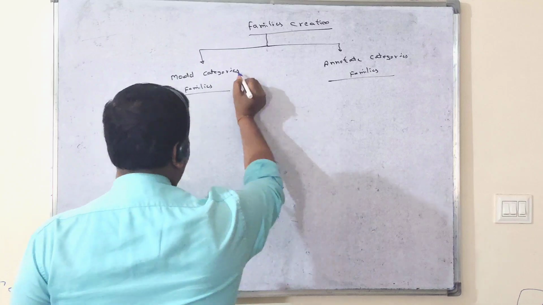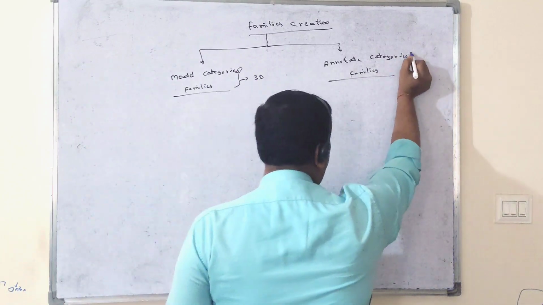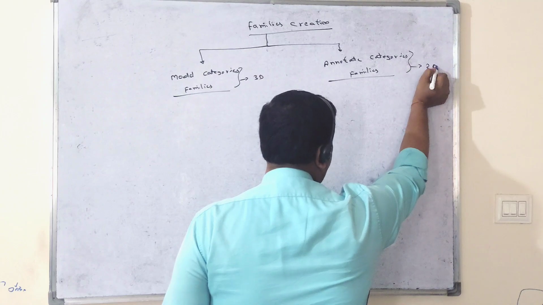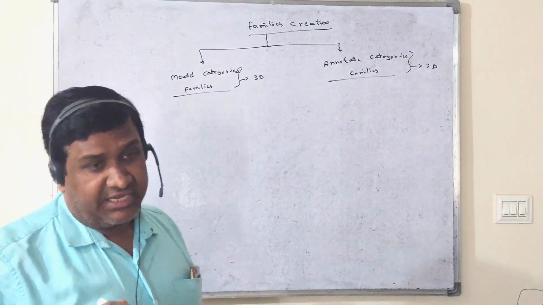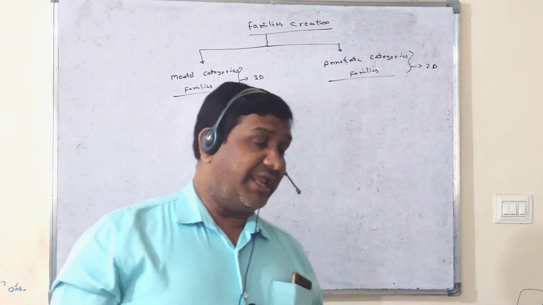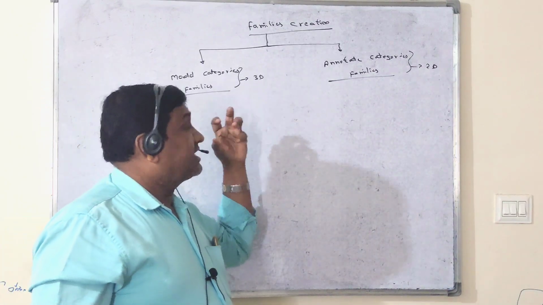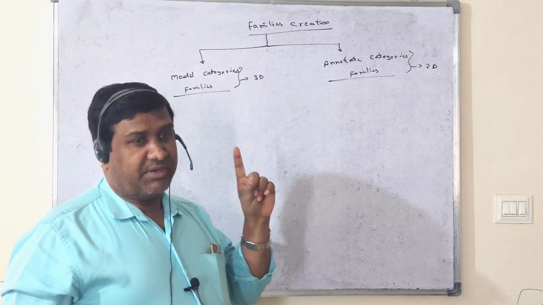So this model categories we call 3D, and this annotate categories we call 2D. In family creation, we can create 2D families and 3D families. So there are two ways of creation, model categories and annotate categories. You have to remember.